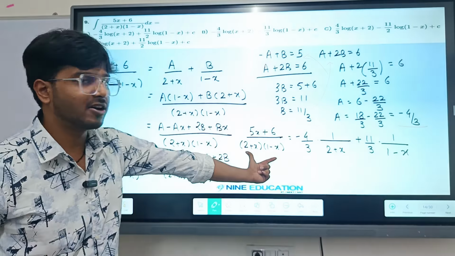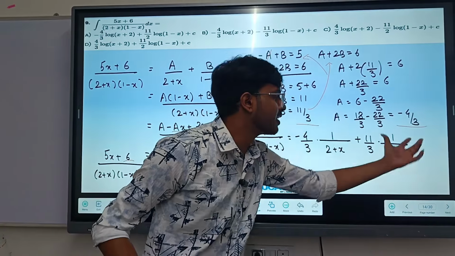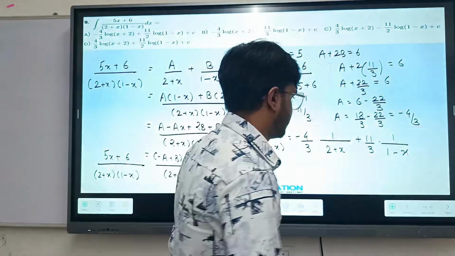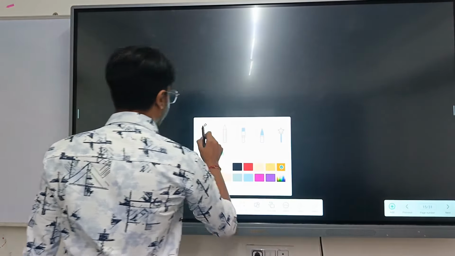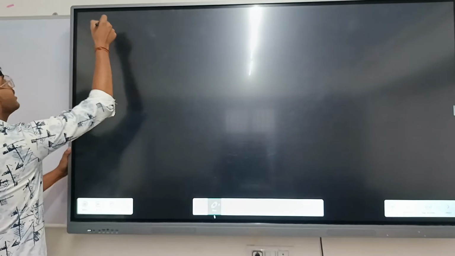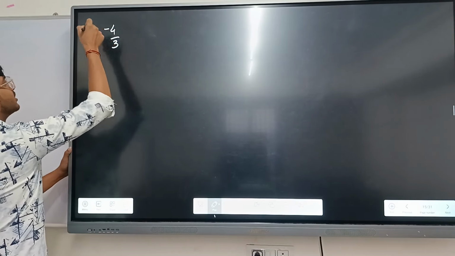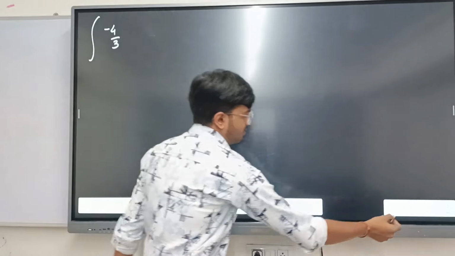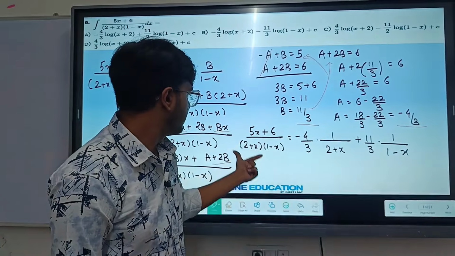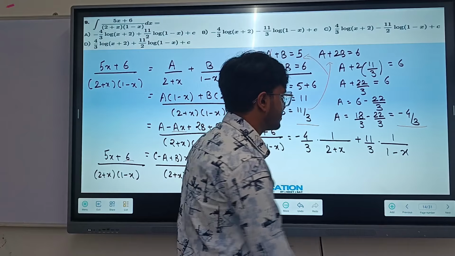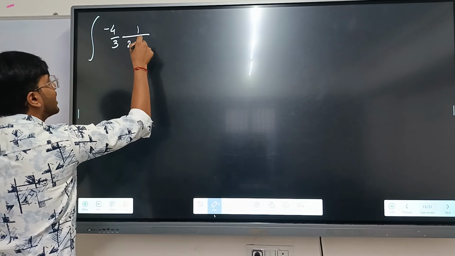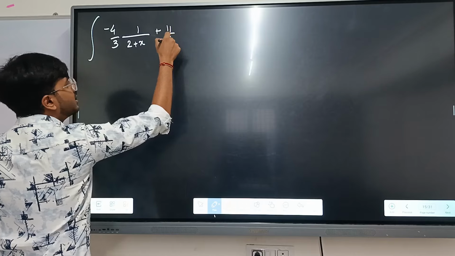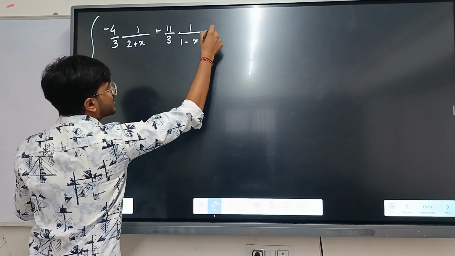So basically, instead of doing integration of this, I'll be doing integration of these parts. So integration of this whole thing, instead of this, I'll break it to this: integration of minus 4 by 3 into 1 by 2 plus x plus 11 by 3 into 1 by 1 minus x dx.